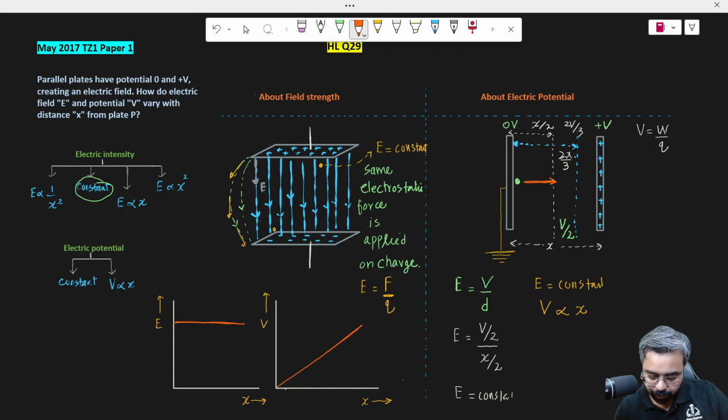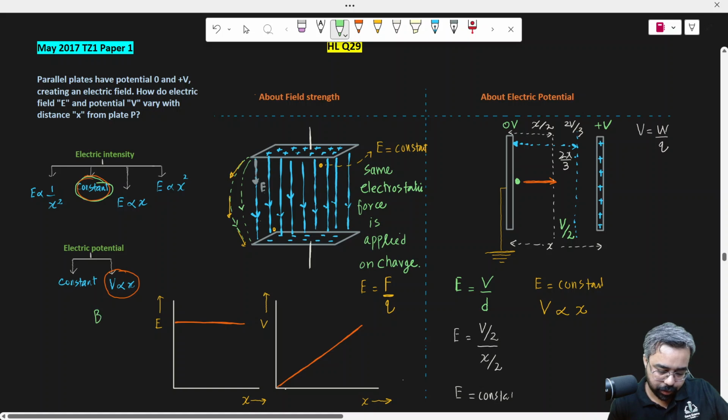I'm drawing this graph, but remember, I am just showing you the magnitudes. I'm not relating the negative sign in the electric field strength formula, which relates to electric potential. This video is generally for both HL and SL students. So the potential is proportional to x and electric field strength is constant. The right answer is option B, which says these two things.